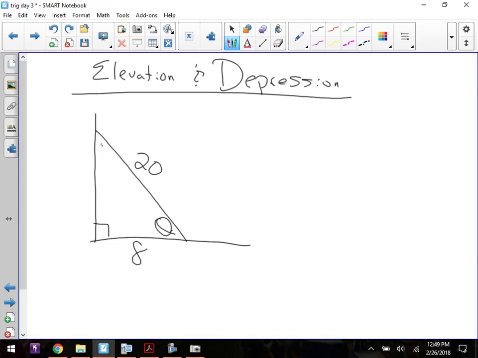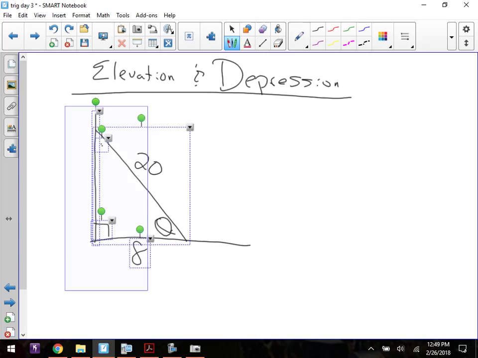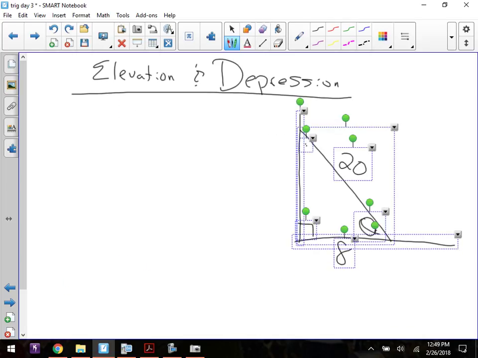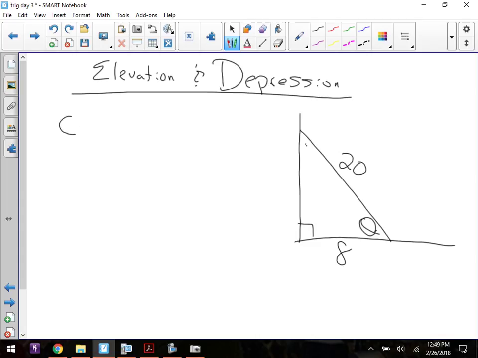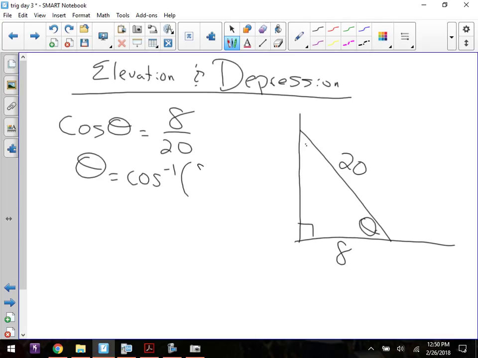As you get into these types of problems, they're not any more difficult than anything else we've been doing. It's just a matter of drawing the picture to figure out what trig function you wind up with. I still want you to write down what you're about to do before you do it, so in case you press the wrong button along the way, we'll be able to figure out what you screwed up.